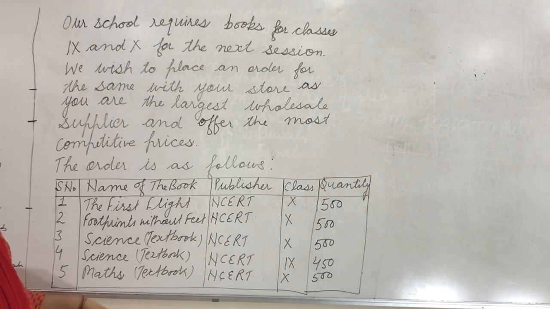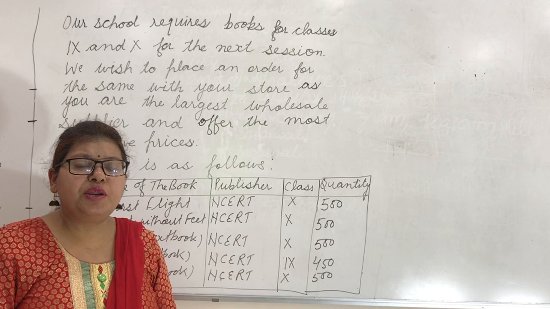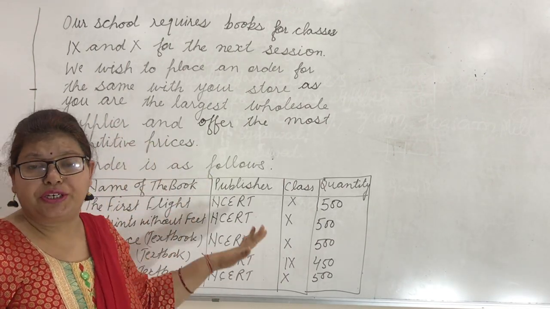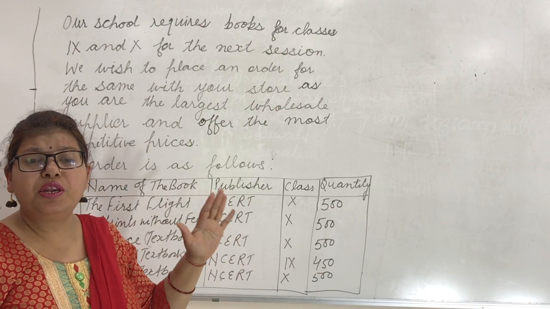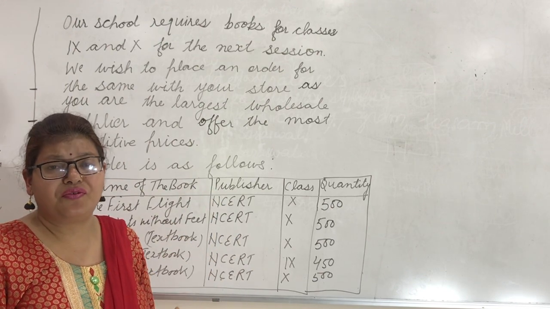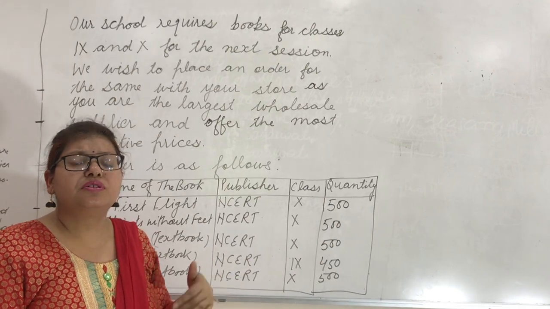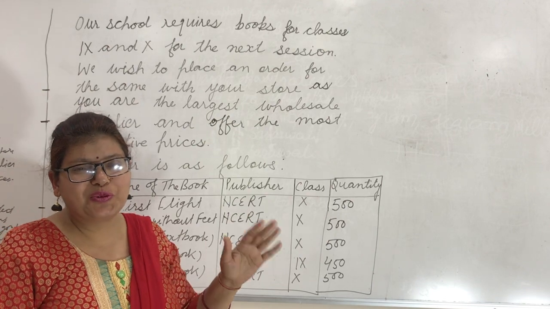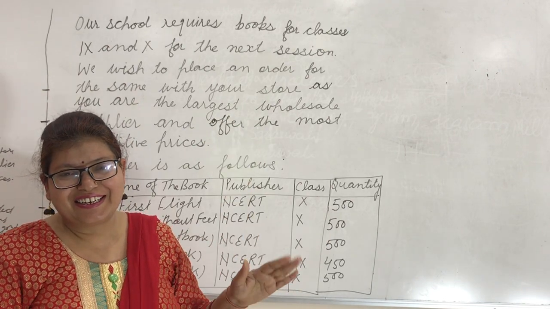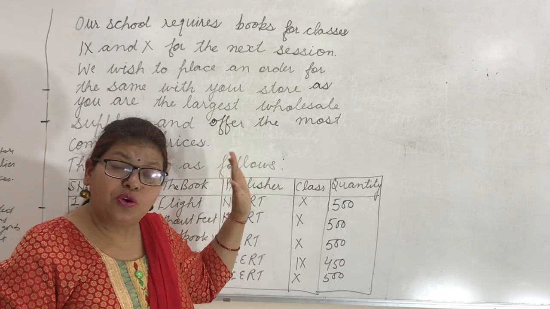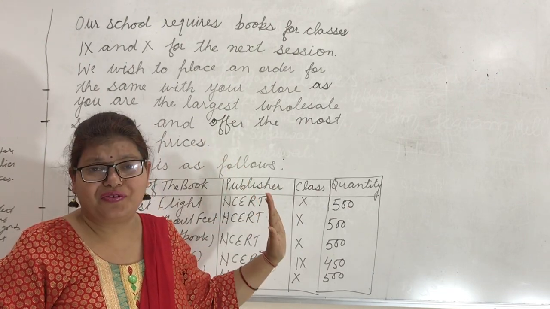So one question: minimum how many serial numbers or how many books should we write? My answer, minimum 5, not less than 5. You can write 6, you can write 7, you can write 8. Of course you are not supposed to write 10. 6, 7, 8, that's enough. But not less than 5.